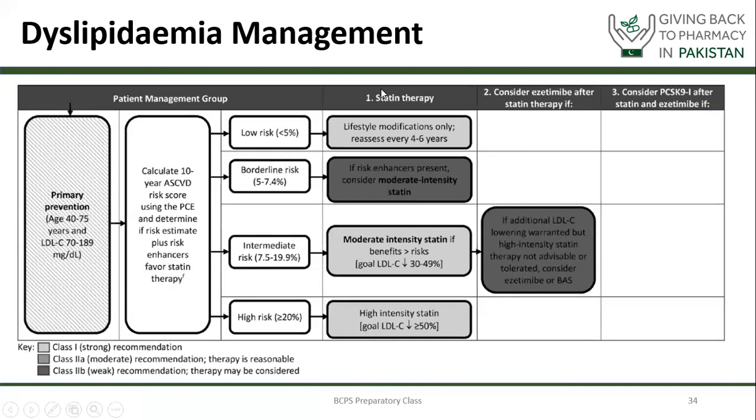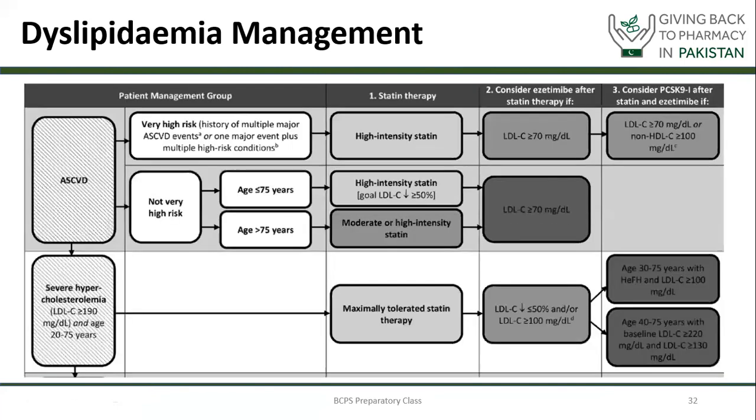There is a color scheme: if it is a light gray color, it is a strong recommendation. If it is a little darker, it is a moderate recommendation, meaning therapy is reasonable. And if it is the darkest, the therapy may be considered. So we can just have a look at how we read this one.